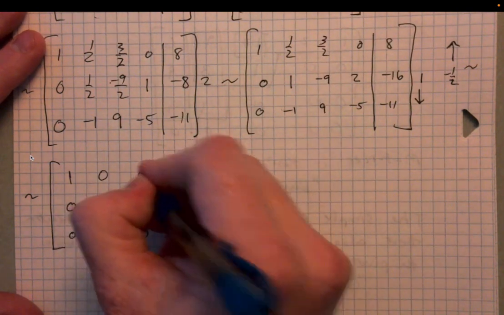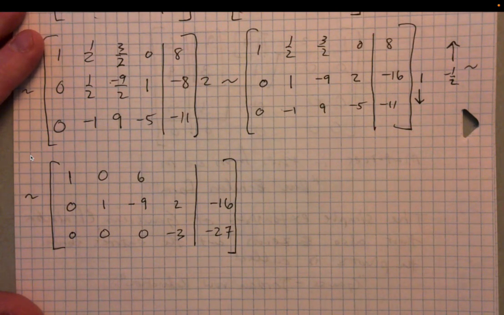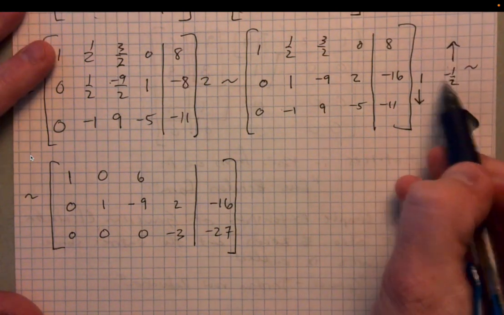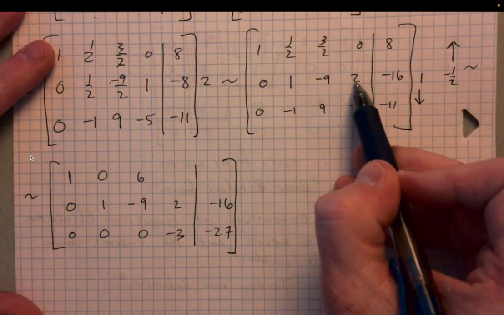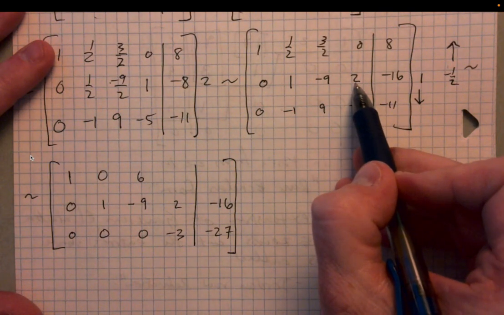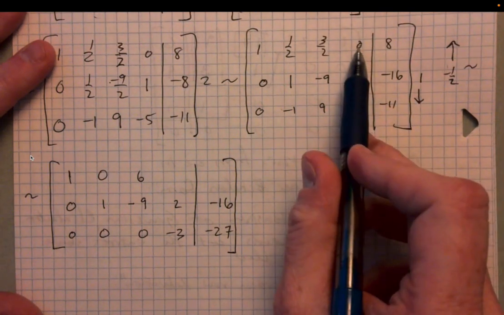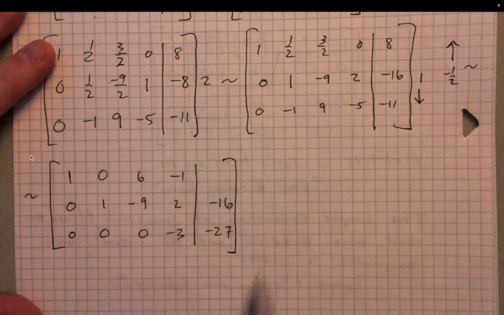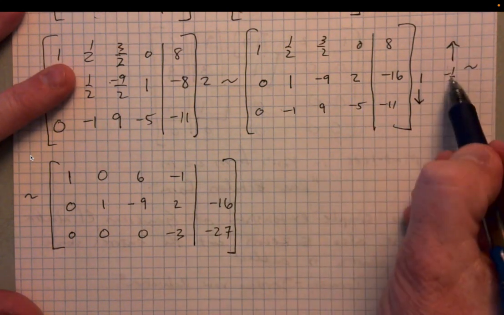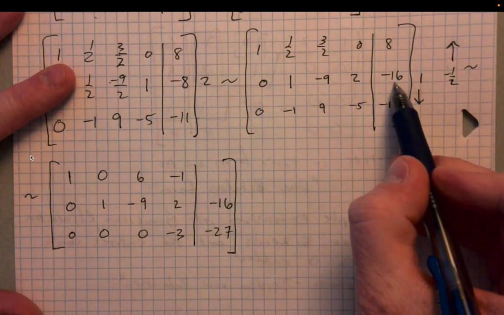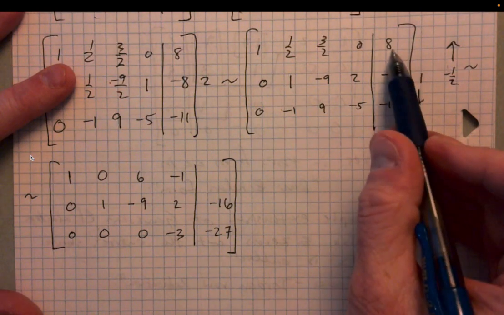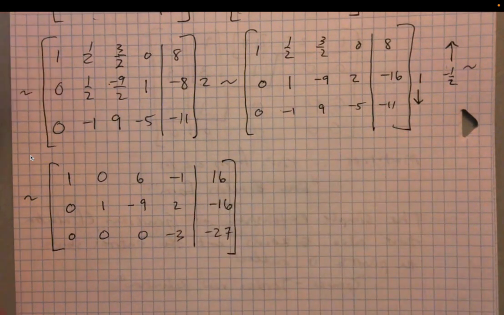So this becomes a 6. Okay, negative 1/2 times 2 is negative 1, and then negative 1 plus 0 is negative 1. Okay, then negative 1/2 times negative 16 is 8. 8 plus 8 is 16. Okay, so I get to this.